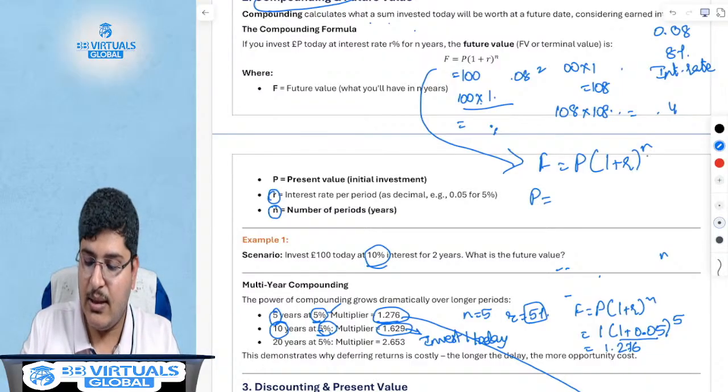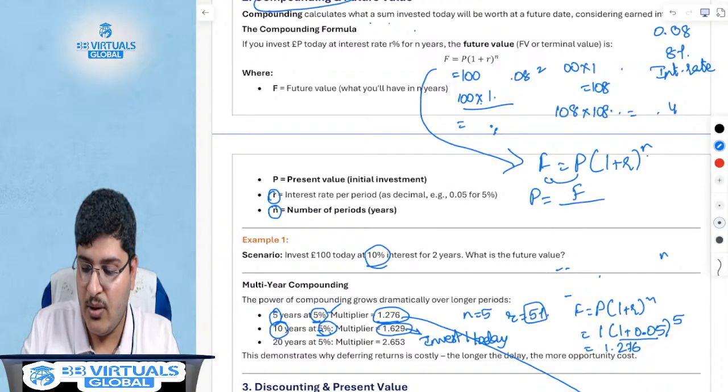Present value is nothing but the reverse of future value.